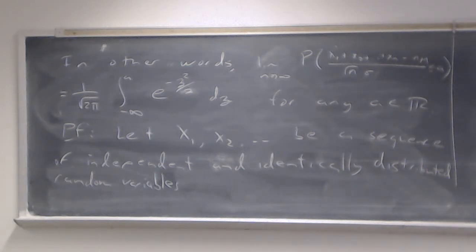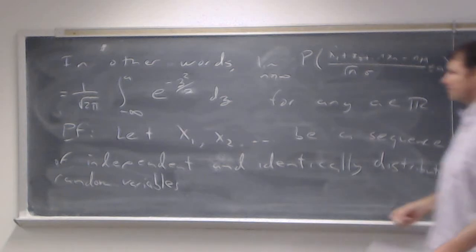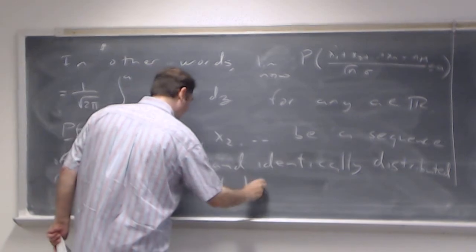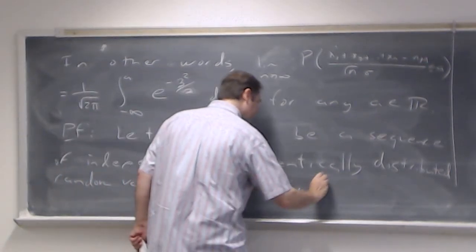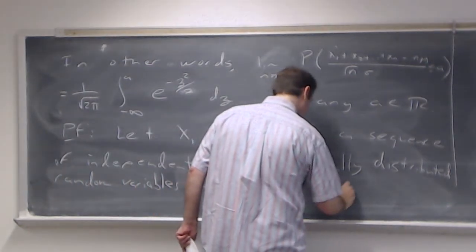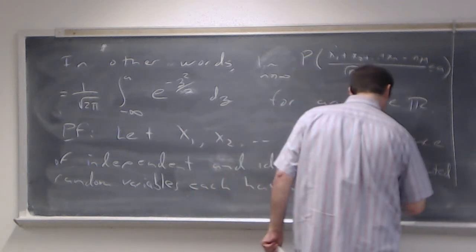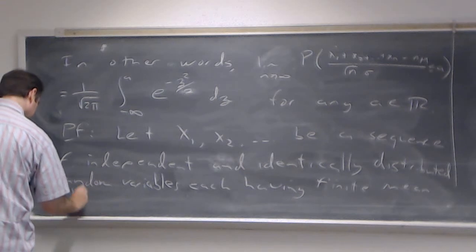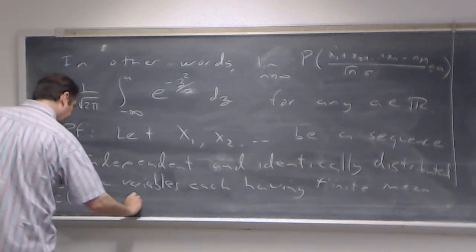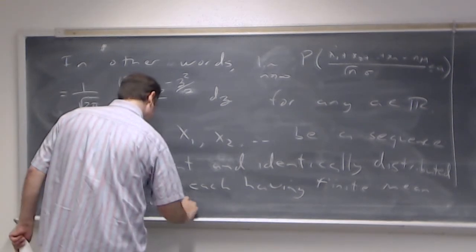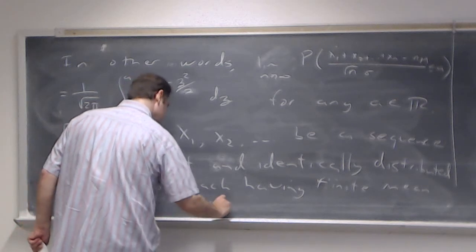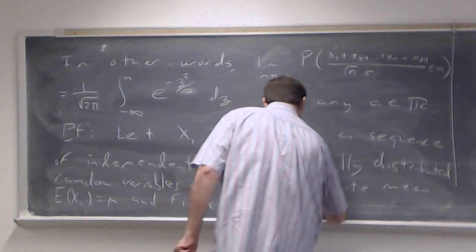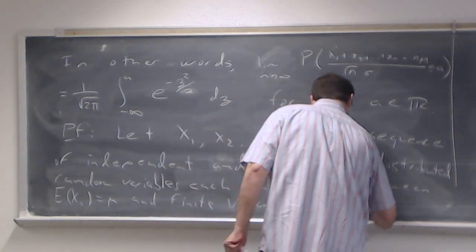Before I leave that at the board, let's write down, each having finite mean, expected value of X of i equal mu, and finite variance, the variance of X of i equal sigma squared.